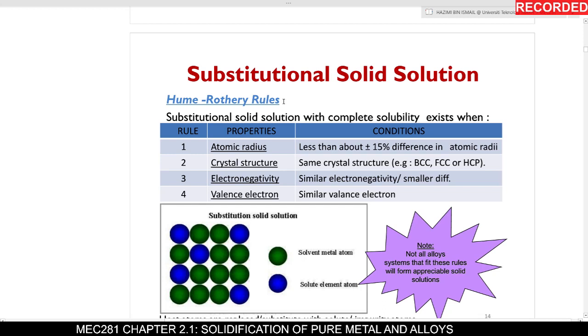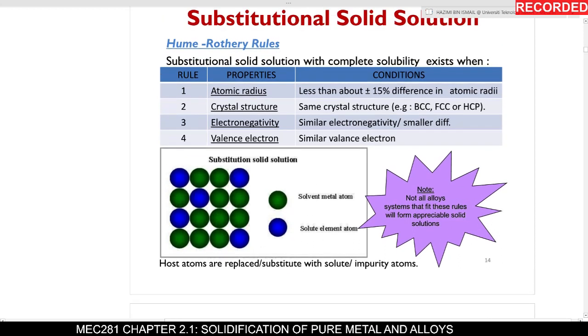The rules tell us how to know whether a solid solution can form or not when you combine two or more elements.